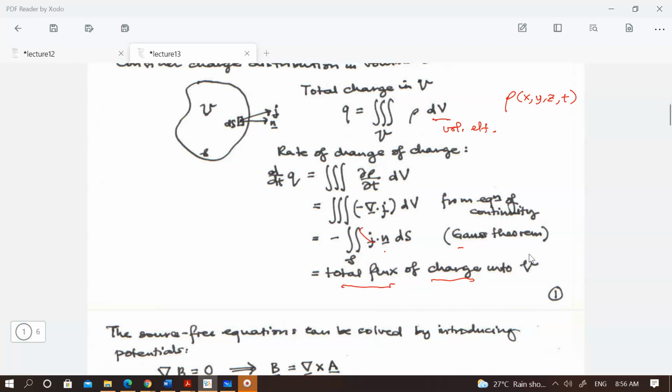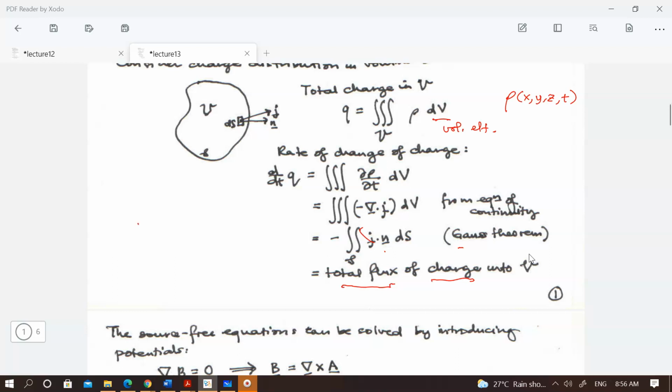So if there is no flux going out from the volume that we are considering, then essentially this will be equal to 0.